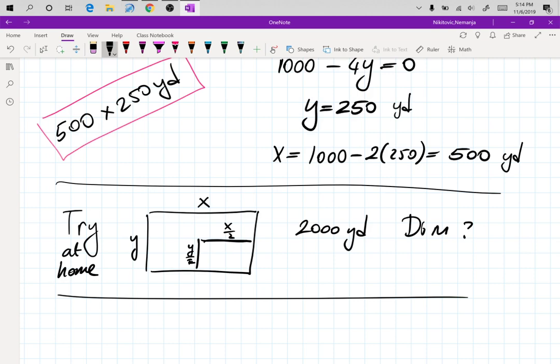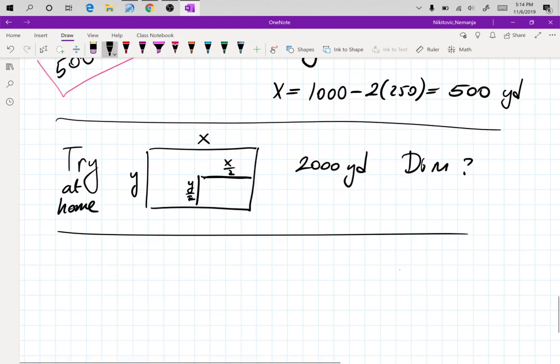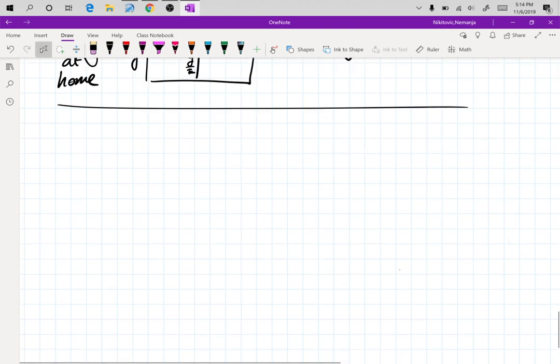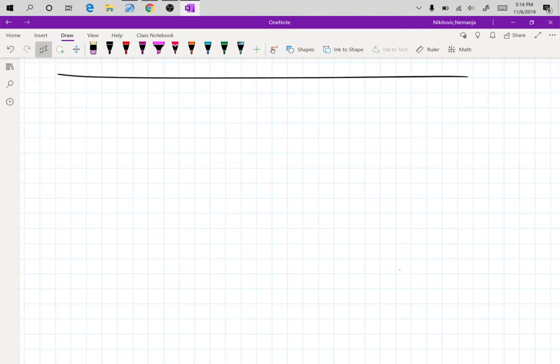What I would like to do is see some other problems that are cool to consider. Let's go with this. This is a pool.